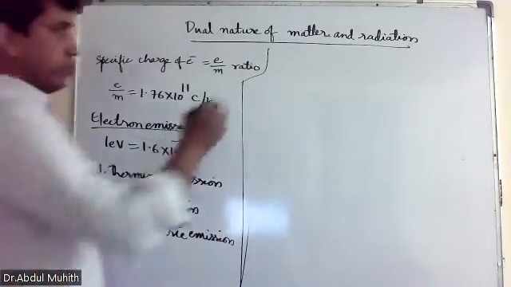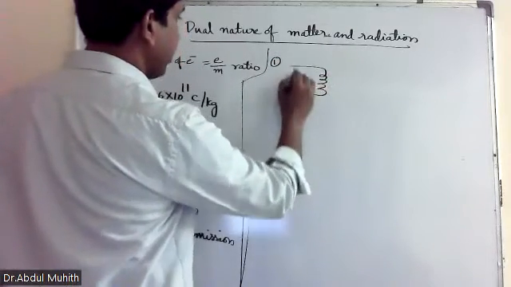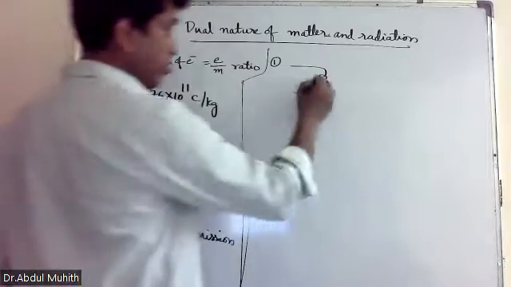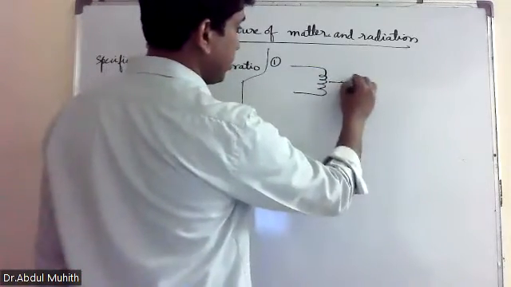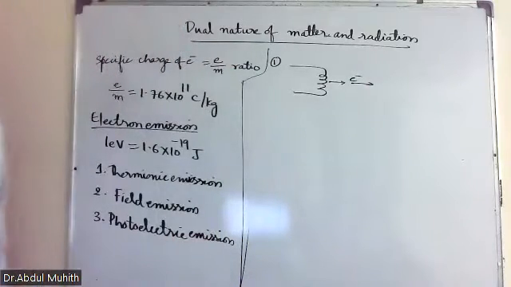See, take a filament. Suppose a filament is heated, and a high potential difference is applied across the filament. Then it becomes heated up and starts giving off electrons. This is said to be thermionic emission. By suitable heating, sufficient thermal energy can be imparted to free the electrons to come out of the metal.